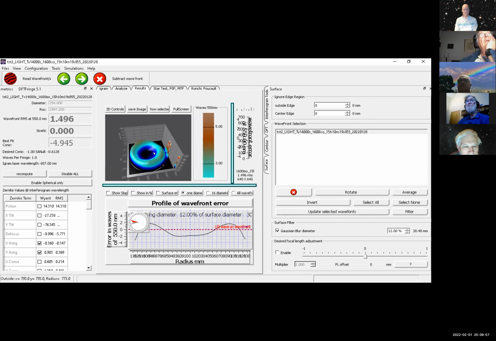That's because I didn't get it proper. There were problems with the camera setup. But you can see here it's like a donut some old person would sit on. And the profile waveform area, you can see, is way more than 1/8 of a wavelength.